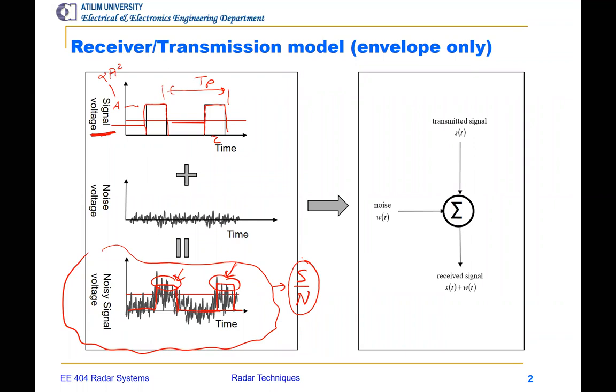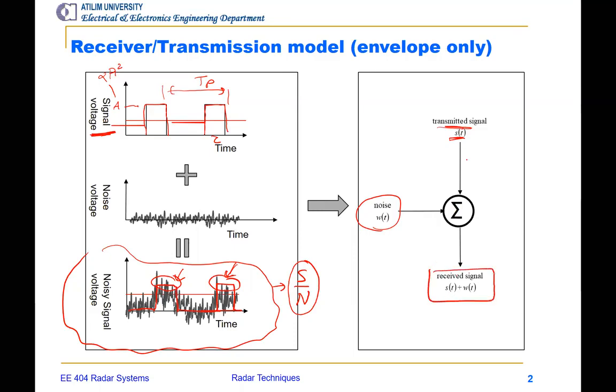The equivalent model of this is shown on the right-hand side. We got a transmitted signal. So this is the transmitted signal from the radar transmitting antenna. And we got noise in the channel or the receiver, which is superimposed on this transmitted signal. And we got the received signal right here.